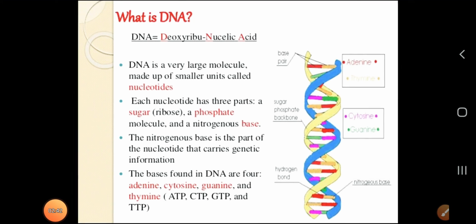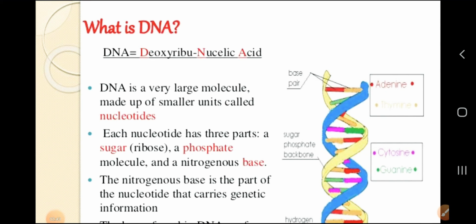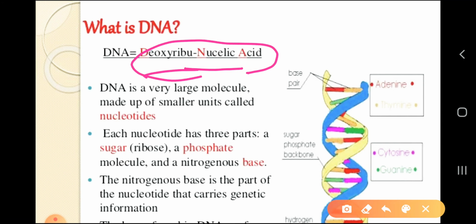So what is DNA? I'm asking again: DNA is deoxyribonucleic acid. DNA is a very large molecule made up of smaller units called nucleotides. So what is a nucleotide?